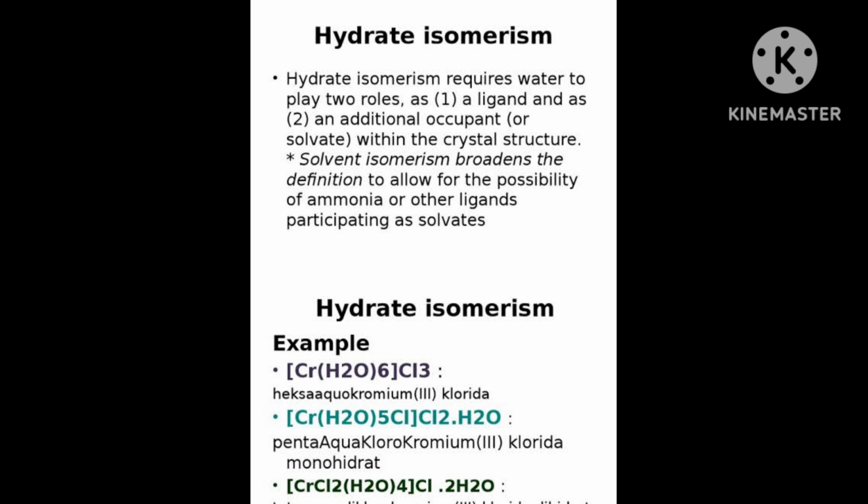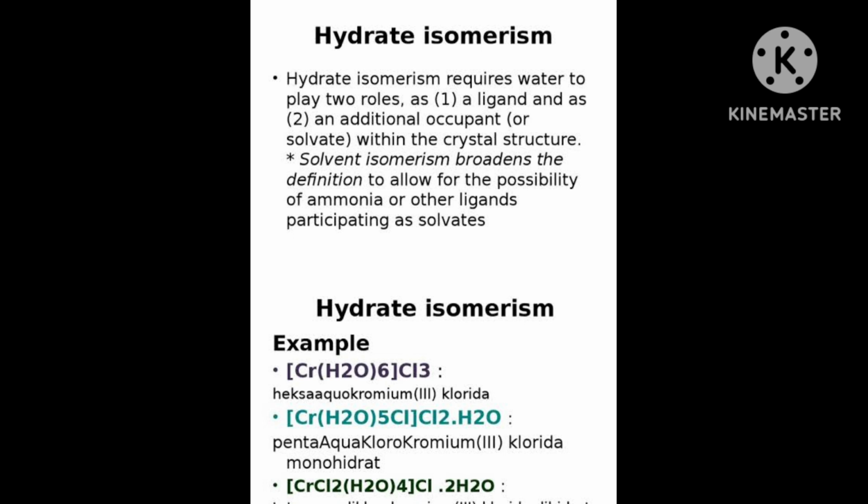Thiocyanate ligand, you know, that is the NCS negative. Okay, why is it ambidentate? Ambi means through N also you can make the bond, through S also you can make the bond.